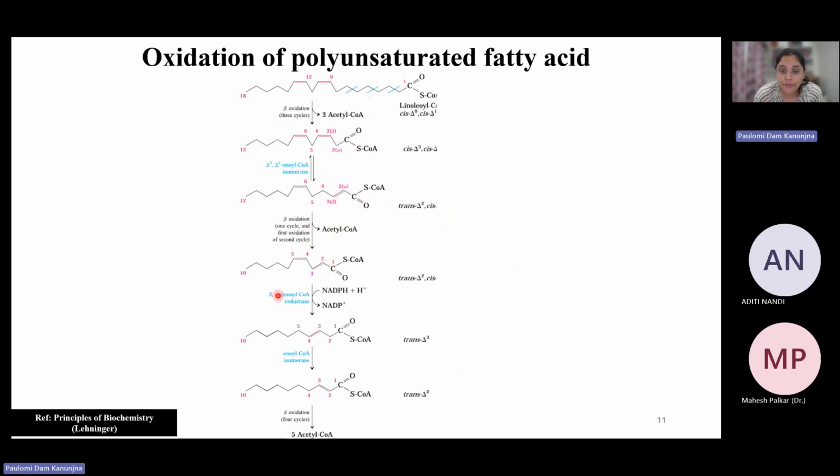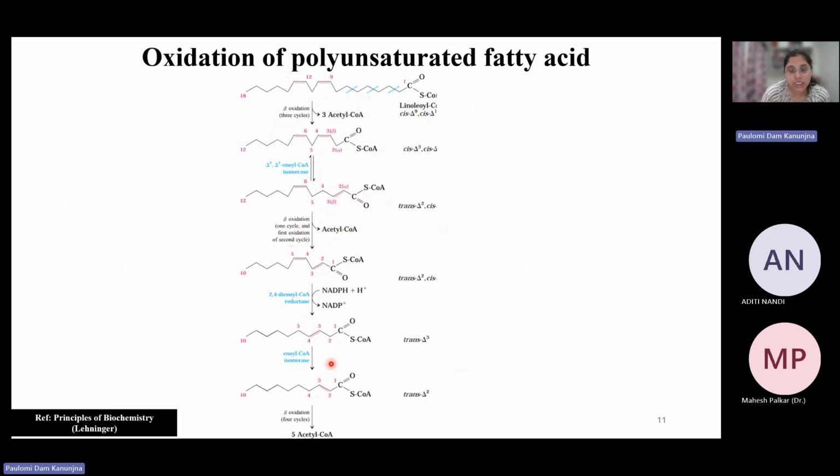Then you have this structure. Now you need one additional enzyme, a reductase, to reduce it from a double bond to one single bond. And then you have this isomerase, which makes it trans configuration, and then you have acetyl coenzyme A synthesis.